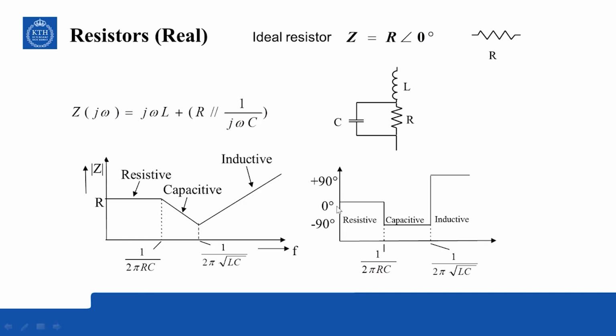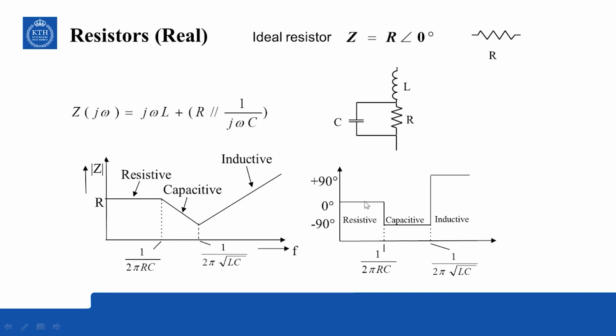All these three phases you can find over here. The resistive phase is where the resistor should operate. After that you have a capacitive and inductive phase also. So the resistor is not supposed to operate in this area. Only below this frequency is it supposed to operate.